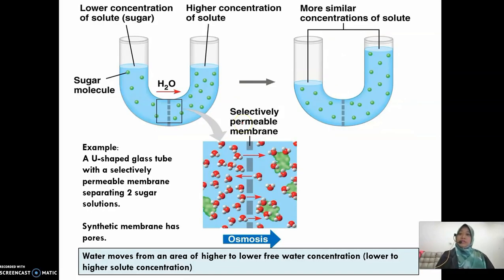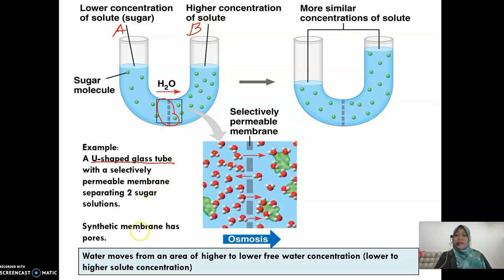So let's see here. This is a U tube, a U-shaped glass tube. You can see that this is side A, this is side B, and this is the membrane.